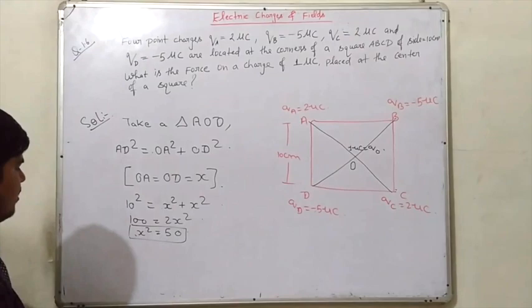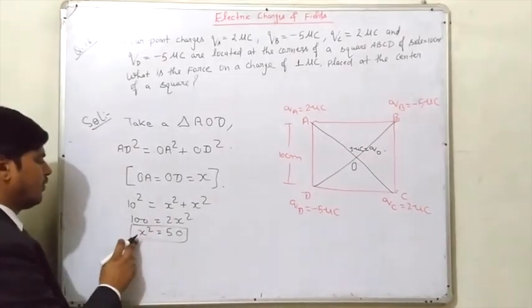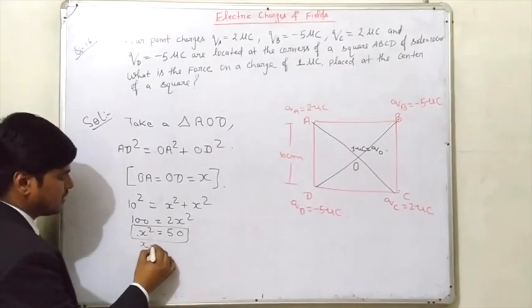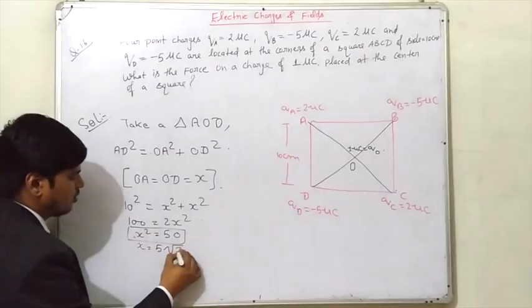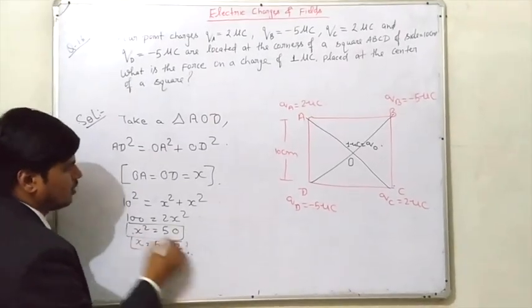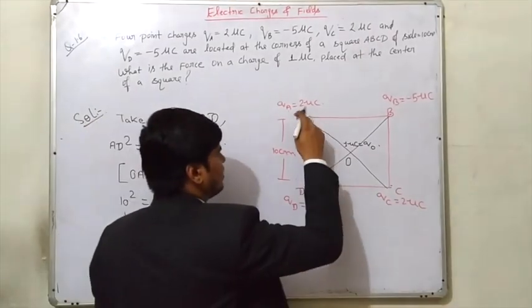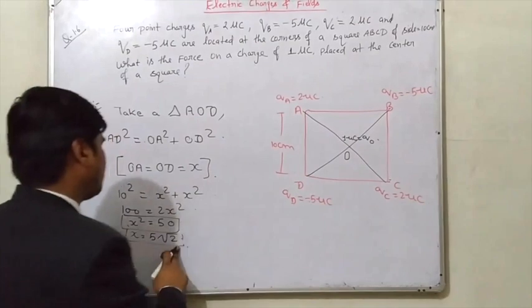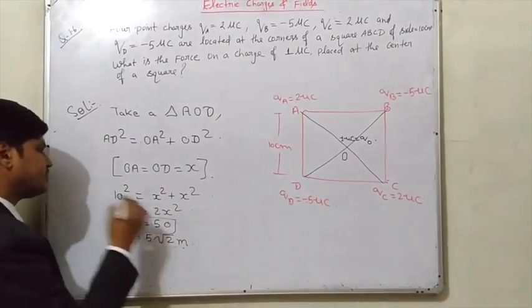Okay students, you got it. The value of X square equal to 50 and the value of X is 5 root 2. The distance between the charges and the center point is 5 root 2 centimeter.